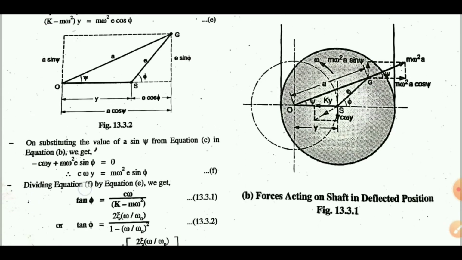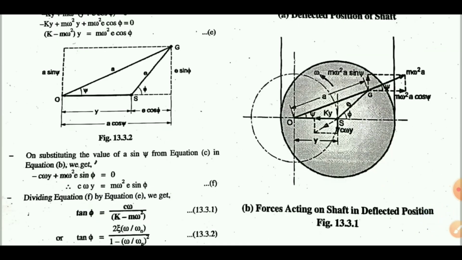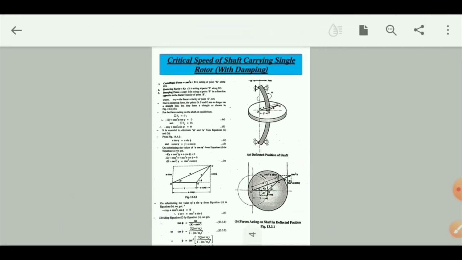On substituting the value in the second equation, we will get c omega y equal to m omega square.